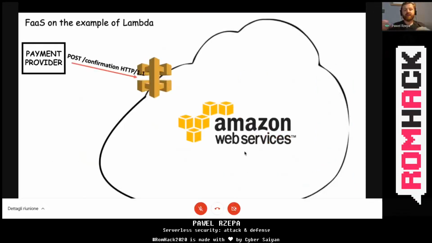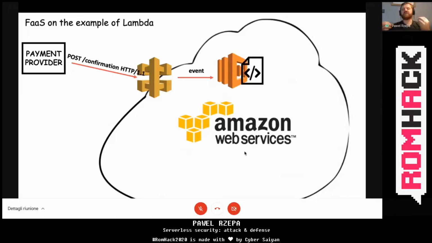So let's say you are using Amazon Web Services. So you are exposing the public API Gateway endpoint, awaiting the payment confirmation from your payment provider. Once it comes, it is validated by your Lambda.